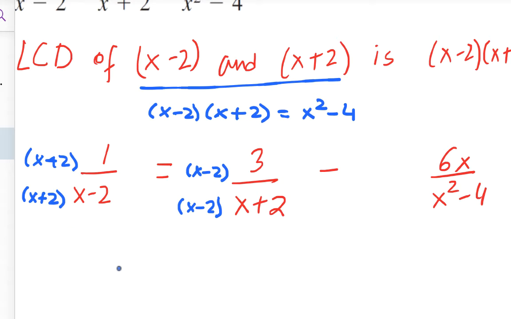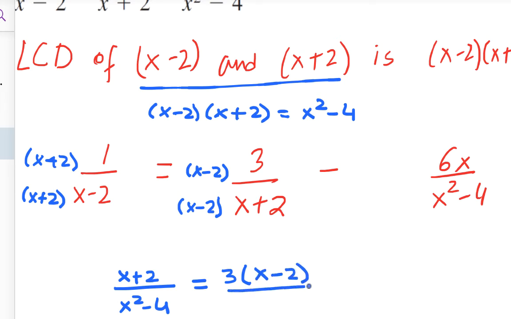So what you get here is the numerator: (x + 2)/(x² − 4) = 3(x − 2)/(x² − 4) − 6/(x² − 4).